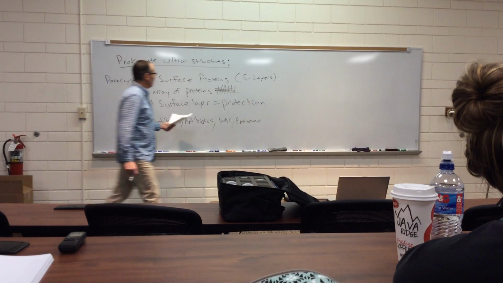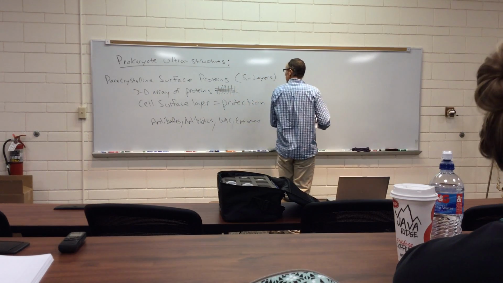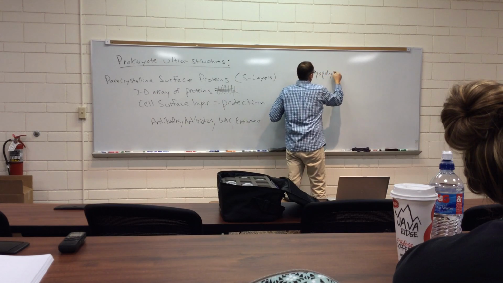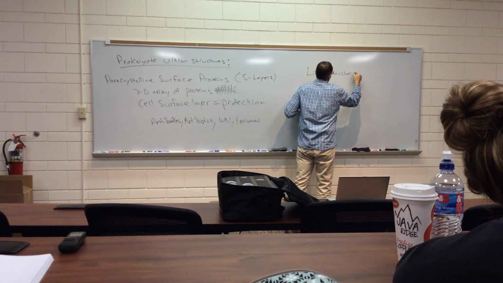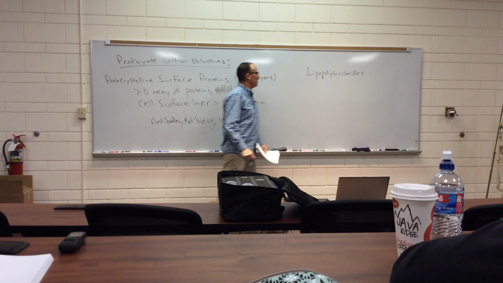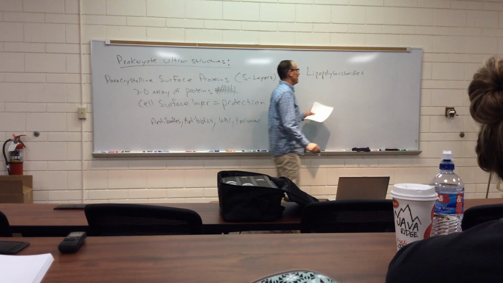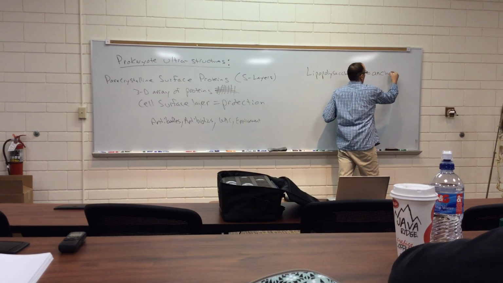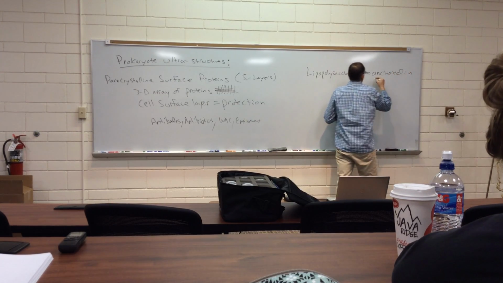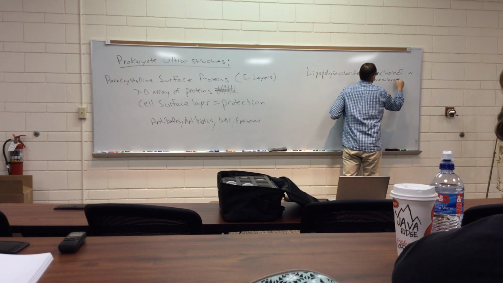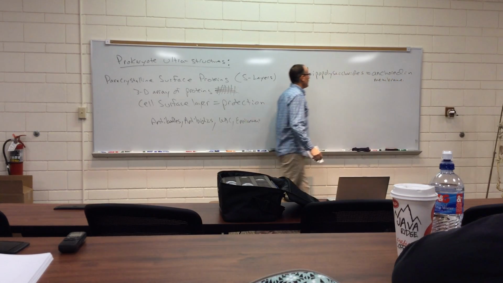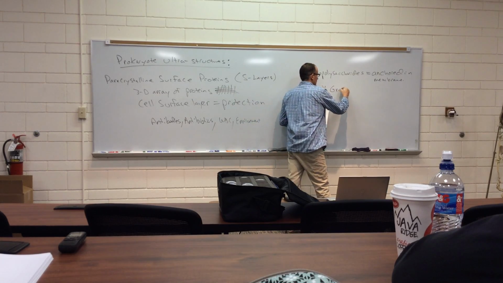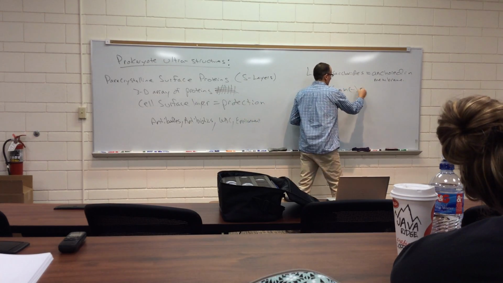Now, one thing that we've kind of alluded to, but we're going to come back and talk about a little bit more: these part lipid, part polysaccharides that we find. Once again, these are usually anchored in the membrane. We normally associate these with gram-negative cell walls.